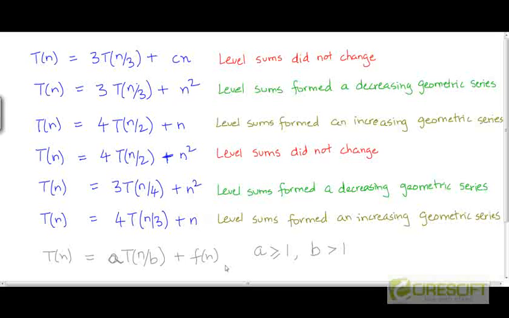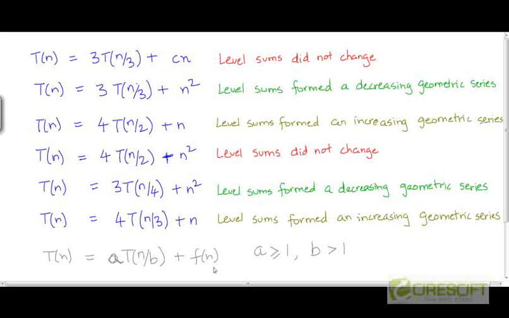And f of n was some function of n that was positive, of course. The range of the function was positive, and n, being the size of the input, is also going to be greater than or equal to 0. In fact, we bottomed out our recursion when we hit a subproblem size of 1.